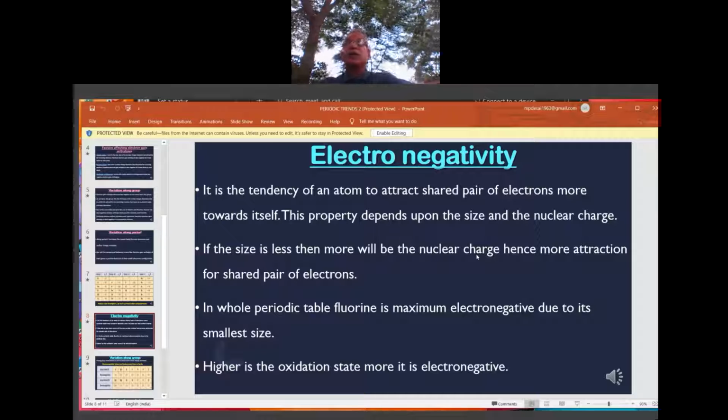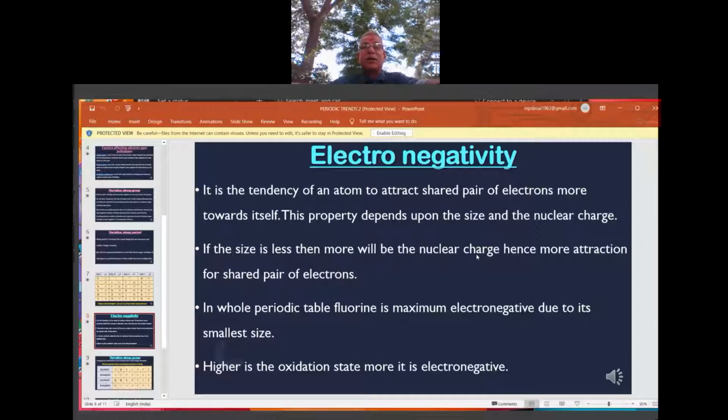I am using the words shared pair of electrons. Because of this, the electron cloud lies near chlorine, and chlorine gets a partial negative charge. And because hydrogen is losing the electron cloud to some extent, it gets a partial positive charge.